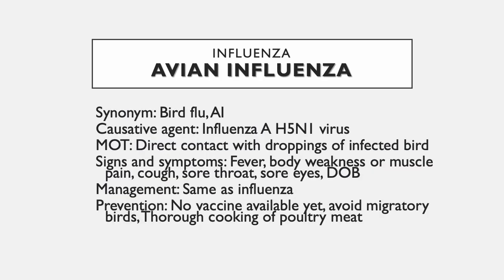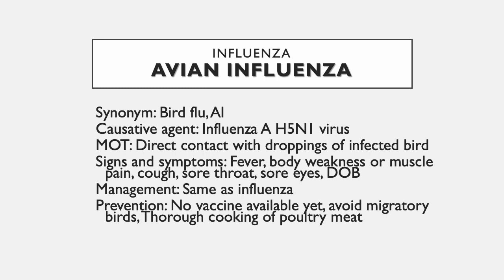Let's just talk a little bit about avian influenza. So, this is H5N1 virus. Now, of course, ito wala pang vaccine to, pero this has caused epidemics in some Asian countries. If you can remember, several years ago, we are discouraged to eat chickens.